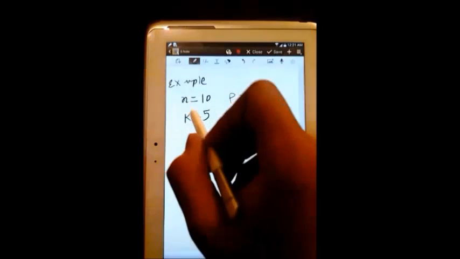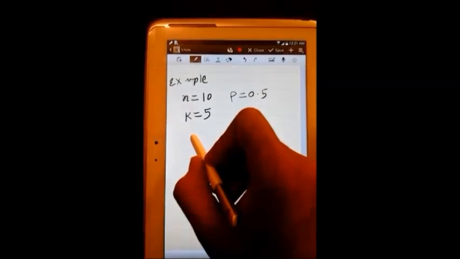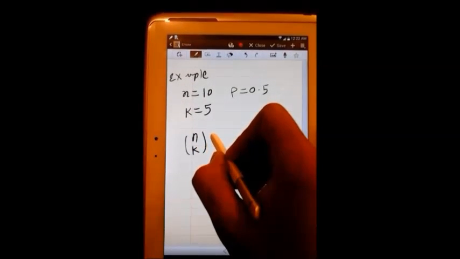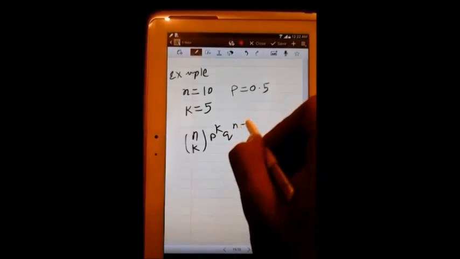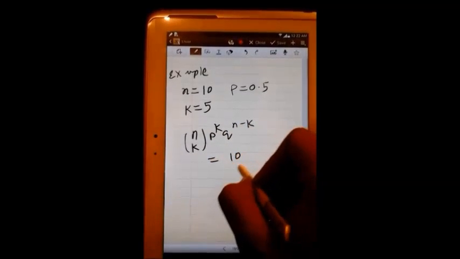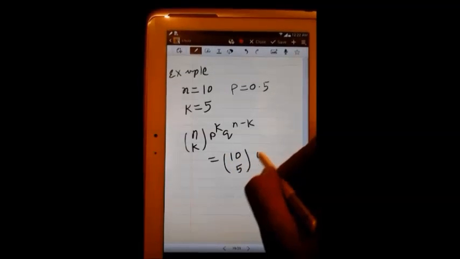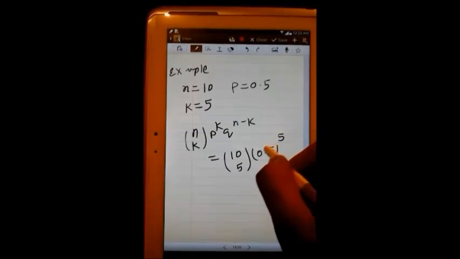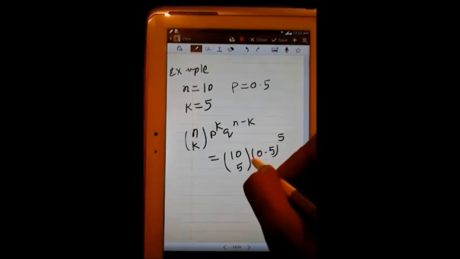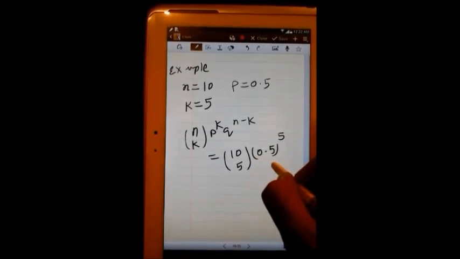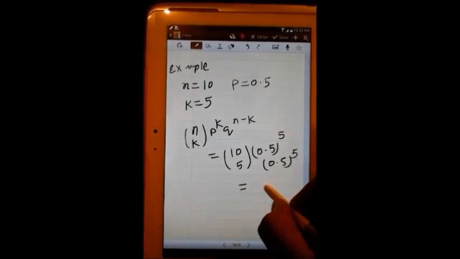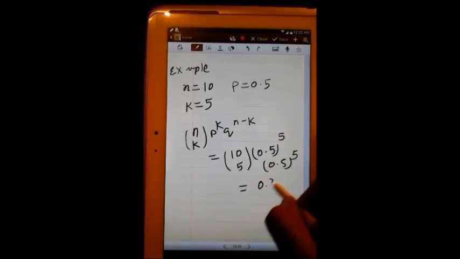Therefore, the probability can be given as nCk, p raised to k, q raised to n minus k, which is nothing but 10 combination 5, 0.5 raised to 5, and the other 0.5 raised to 5, which gives us the answer as 0.246.